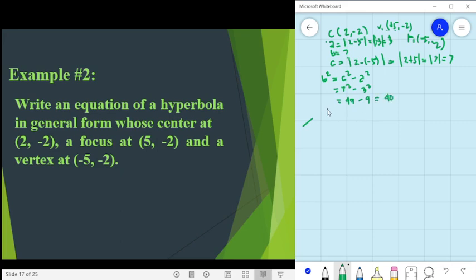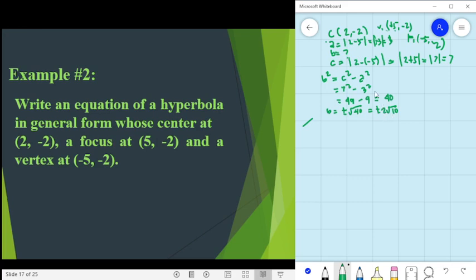So, your B, therefore, is plus or minus the square root of 40, which is equal to plus or minus 2 square root of 10, because 40 is 4 times 10 and the square root of 4 is 2.